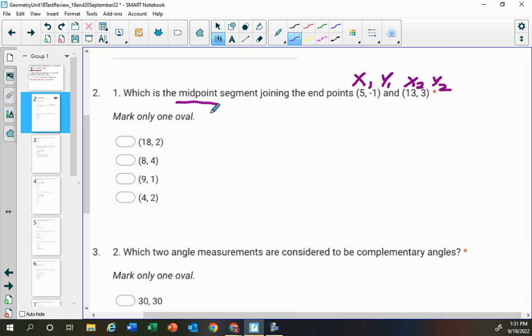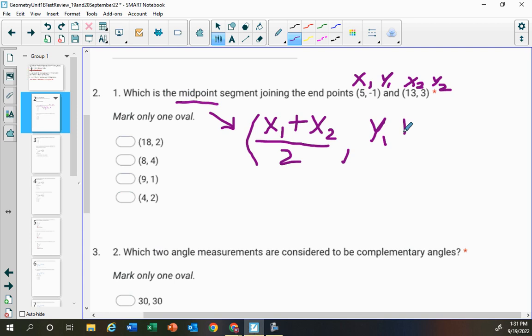And then for midpoint, here's your formula: x1 plus x2, this is where some of you got confused with this step, and then y1 plus y2, over 2.